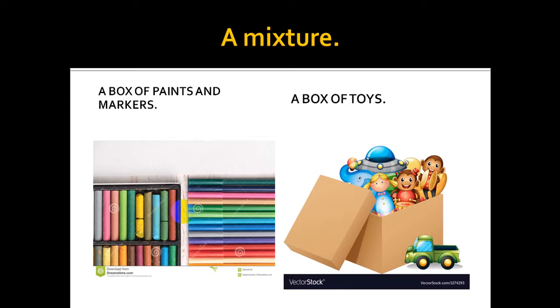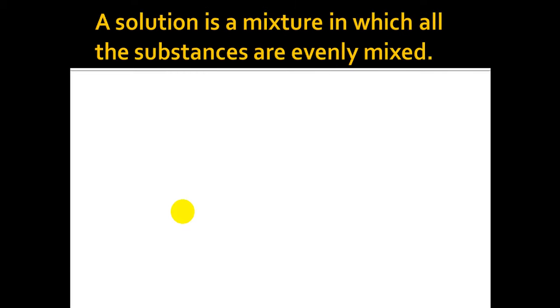It will not change. We have another example of a mixture, but with another name, which is called a solution. What is a solution? It's a mixture in which all the substances are mixed evenly. Now we cannot recognize each of them alone.